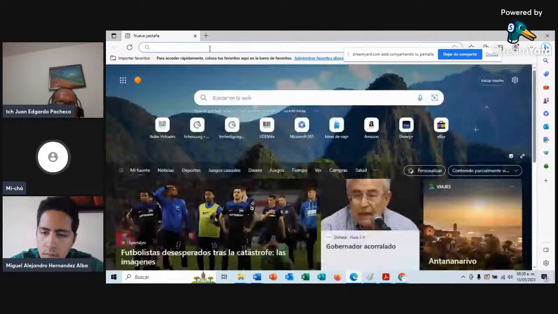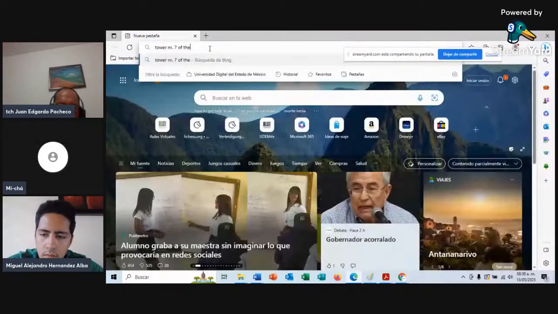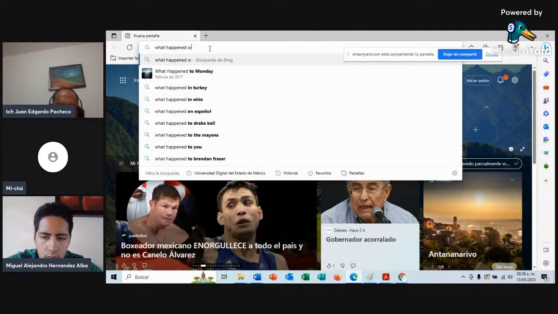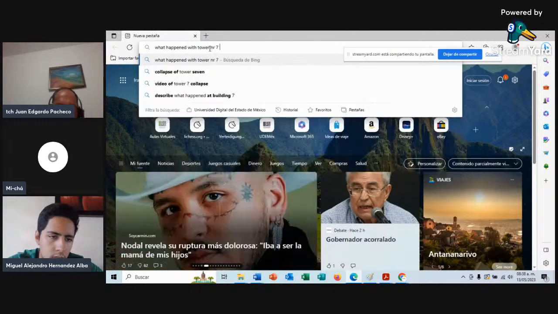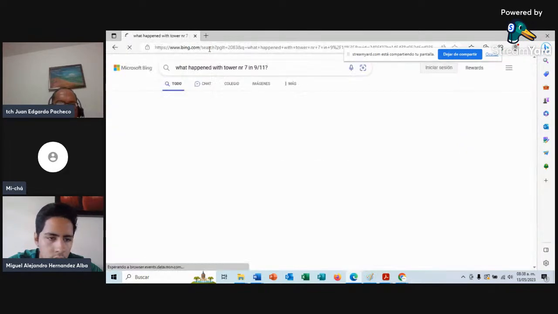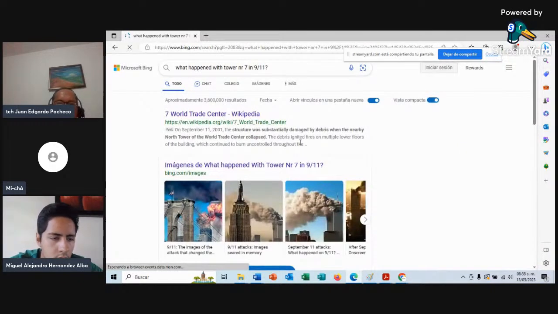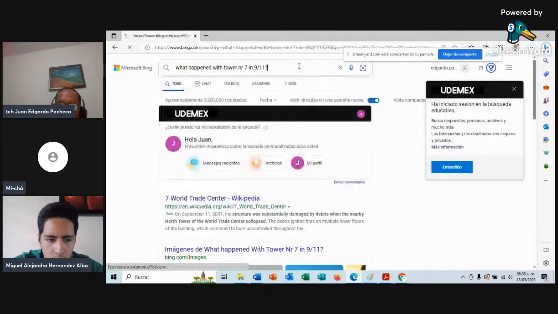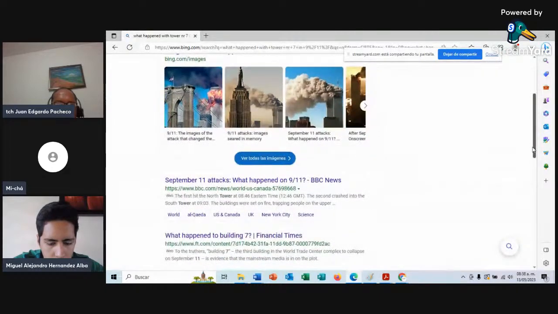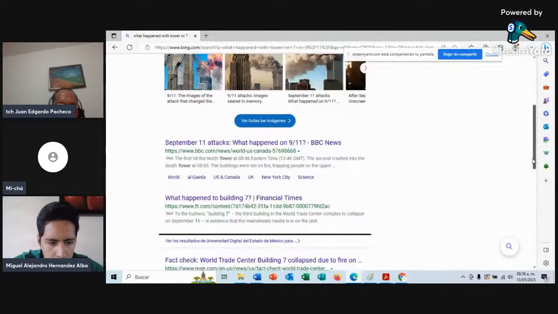Maybe put: what happened with Tower 7 in 9/11? What happened with tower number seven? Looks like it did not even exist. Whoa. It changes the whole thing.